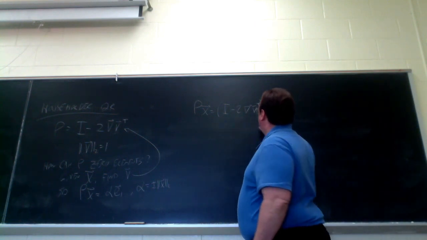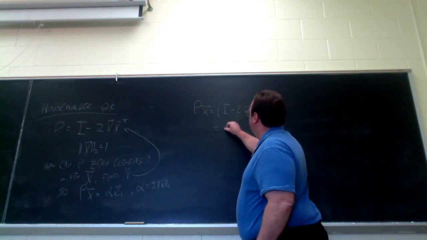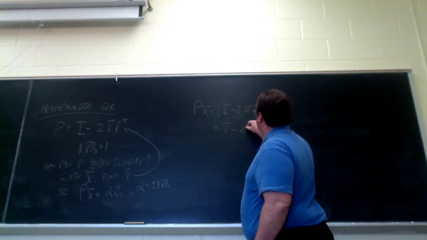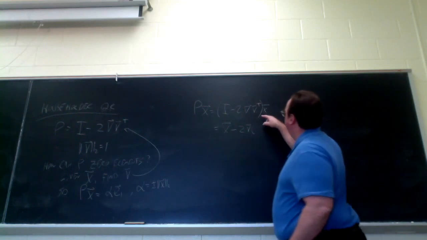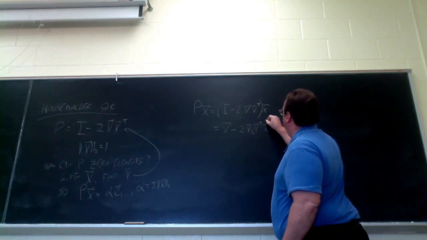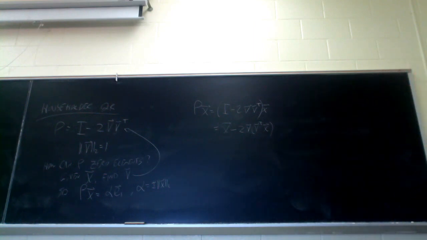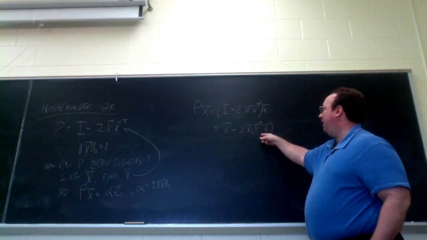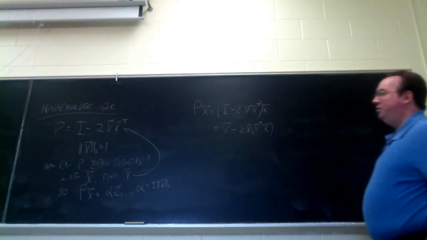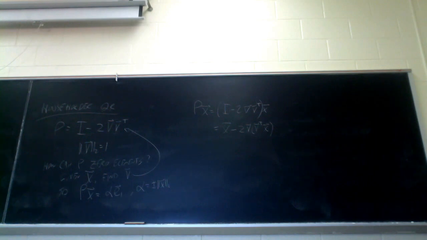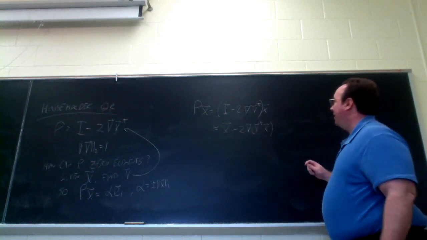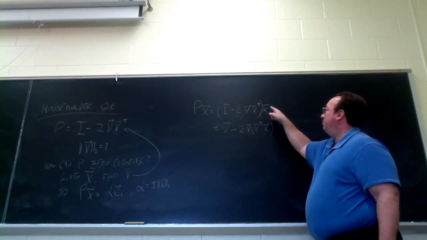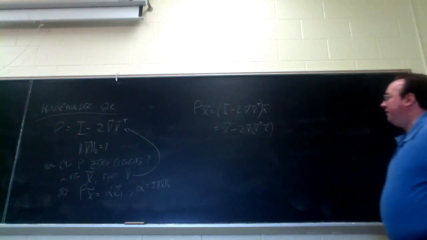If you distribute the x, you get x minus 2V times V transpose x, and that's a dot product. Matrix-vector multiplication normally takes order n squared operations, but here it only takes order n, because the inner product takes order n, and subtracting two vectors is also order n. So there's no reason to ever explicitly form P, because of its nice structure: this outer product, when multiplying by a vector, just gives you an inner product.